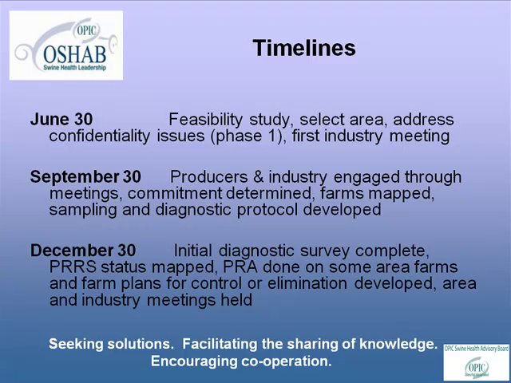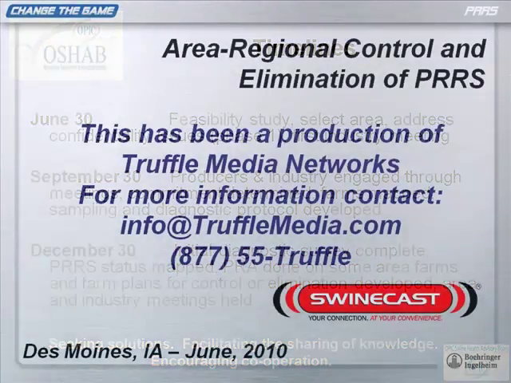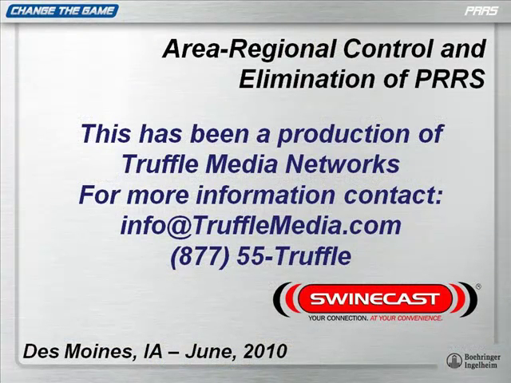And the farms will be mapped, and we'll have developed a sampling and diagnostic protocol because we'll know the sizes, etc. And by the end of December, we hope to have our initial diagnostic survey completed, and then the PRRS status mapped, and the risk assessment done on some area farms, and then the farm plans for control and elimination developed, and the area industry meetings will be held as mentioned in December.